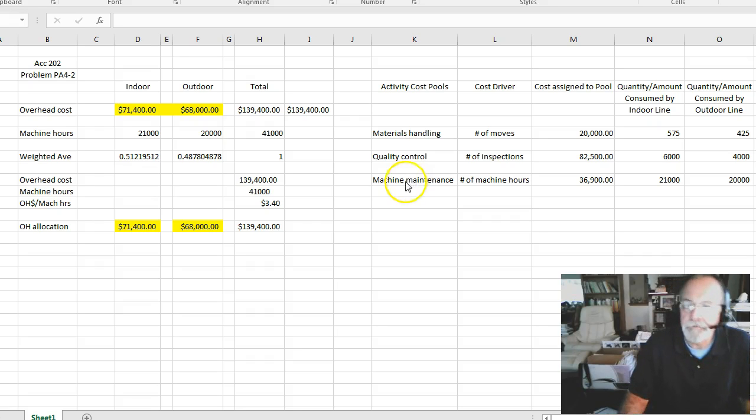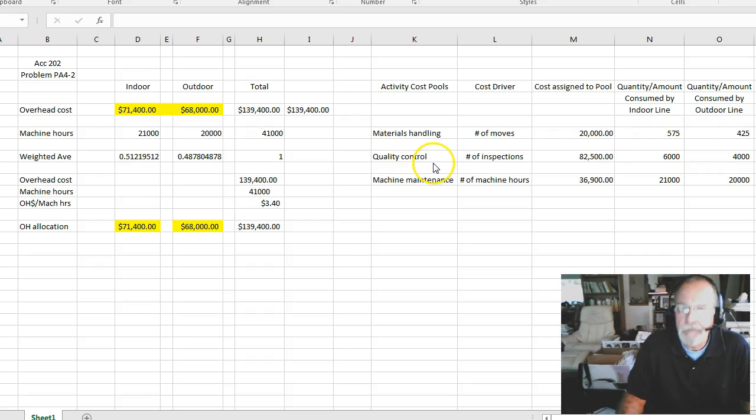What that refers to would be the percentage that each of the two products, the percentage of, for materials handling, the percentage of the number of moves in total that relate to the indoor line, and the percentage of the number of moves that relate to the outdoor line.